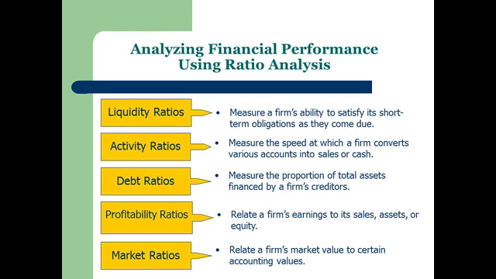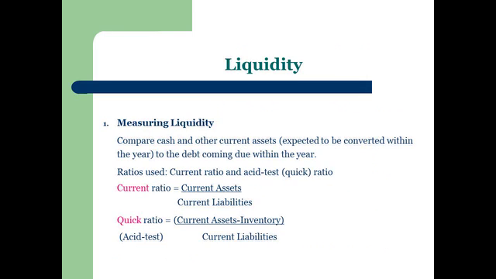So if the market ratio of the company is good, then you can sell it at a high price, otherwise vice versa. So these were the ratios that we are going to study in detail in the upcoming slides.